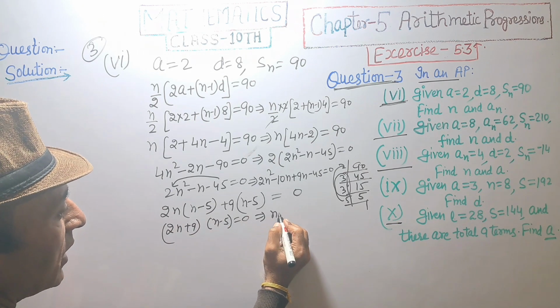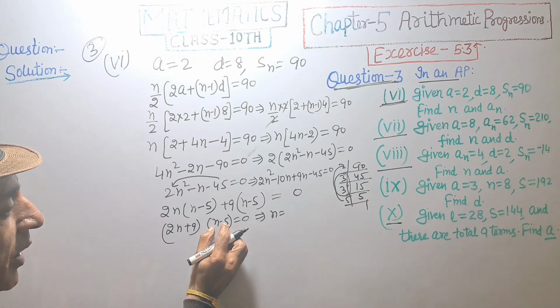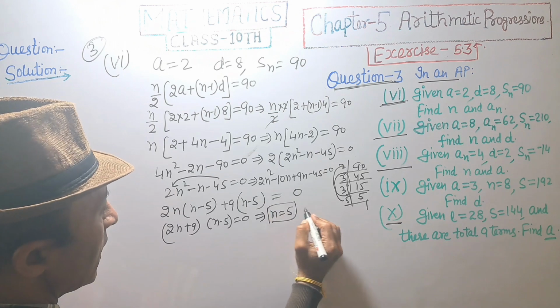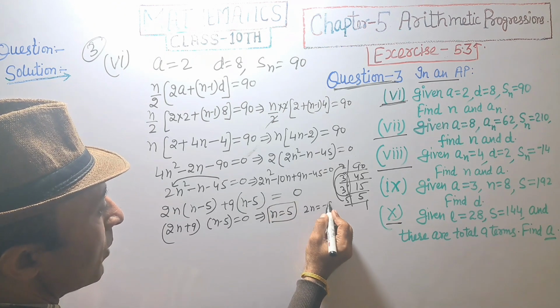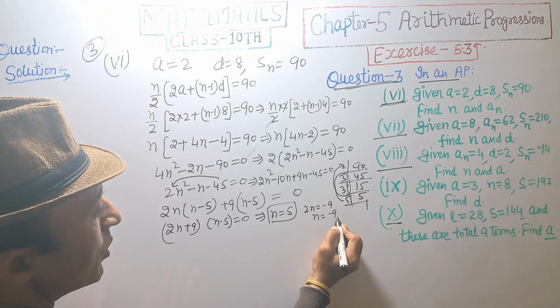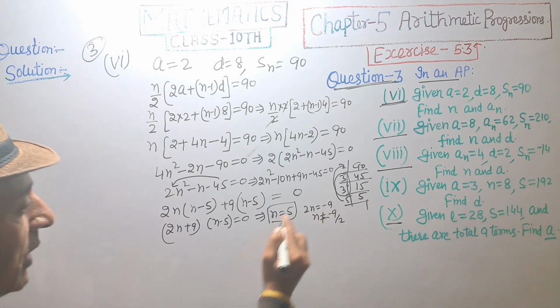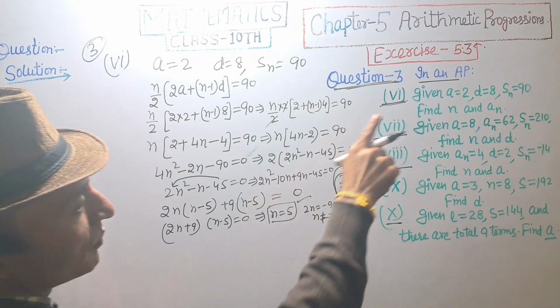This implies n minus 5 is equal to 0, n is equal to 5, and 2n is equal to minus 9, but n is equal to minus 9 upon 2. Negative value neglected, but n is equal to 5.